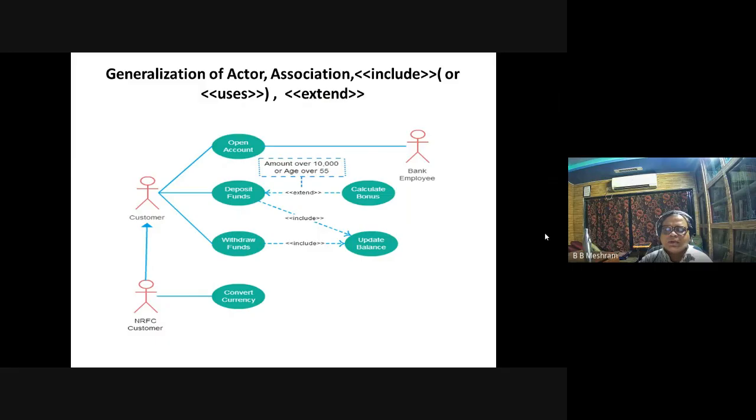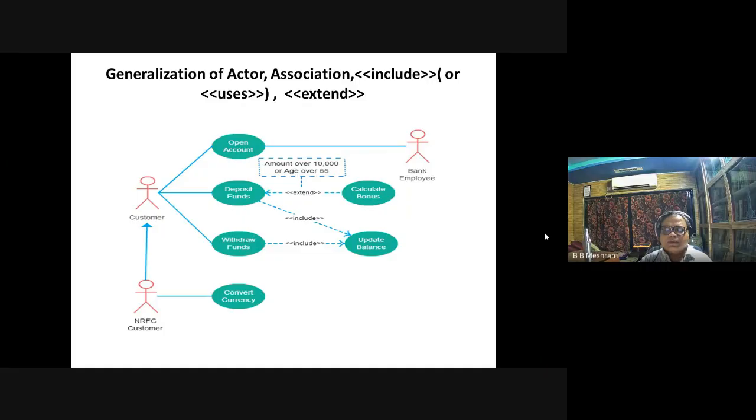Extend relationship is not always used. Extend relationship can be used whenever a particular use case will meet a particular condition.